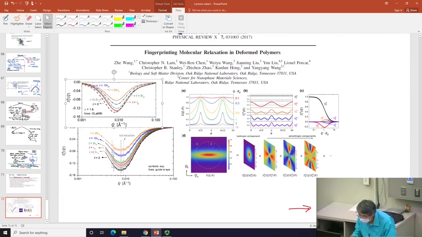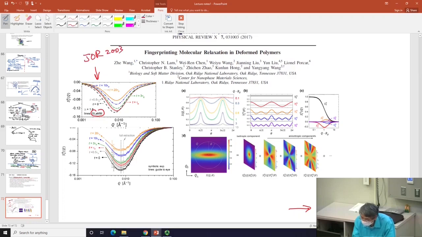So this is the tube model. GLAMS stands for a paper in Journal of Rheology in 2003 by a number of outstanding authors. The latest tube calculation or model can be used to show that if there's no chain retraction, this peak or valley, if you like, will not change.